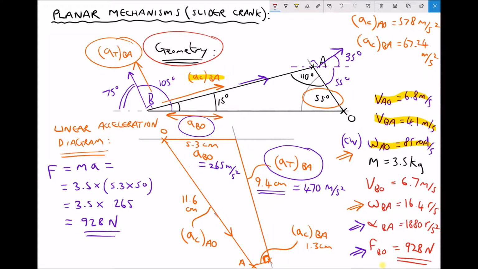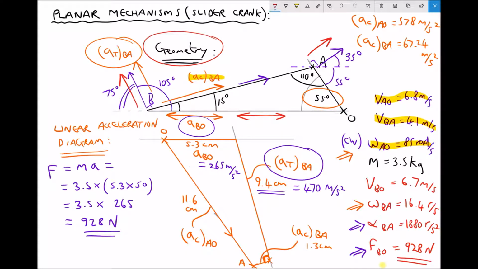And the important thing to remember there is that the velocity of a linkage acts perpendicular to the linkage. So the velocity of A relative to O was perpendicular to the linkage AO. The velocity of B relative to A was perpendicular to the linkage BA. And finally, we knew that the slider could only move horizontally because it was constrained.